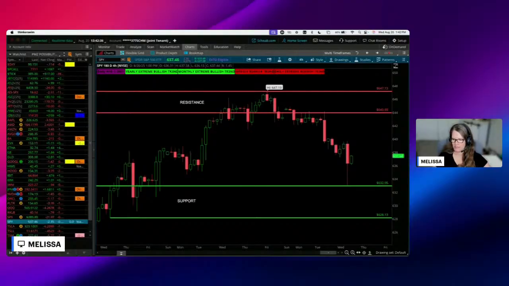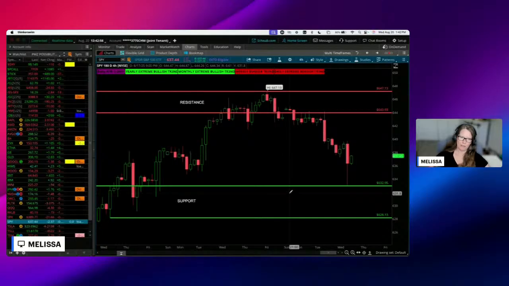Notice in resistance that each time the price rises into that level, sellers take profits or short the market and price falls back down. Just like with support, the more times a resistance level holds, the stronger that resistance is.